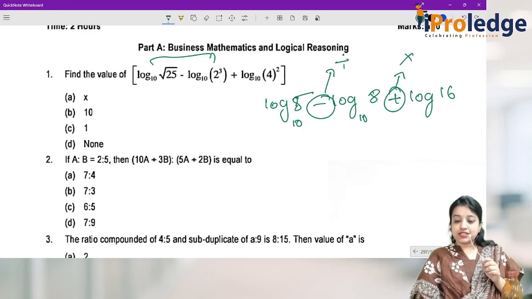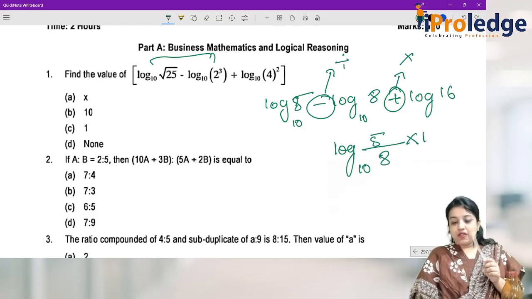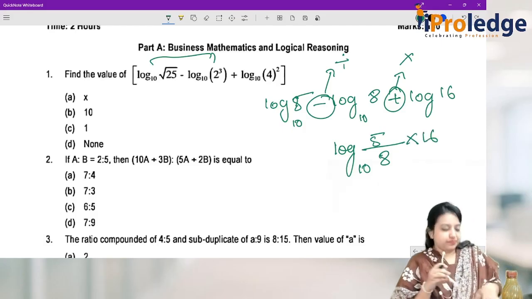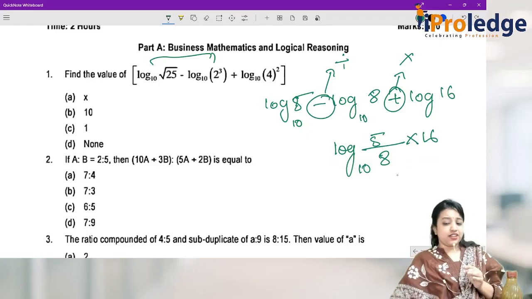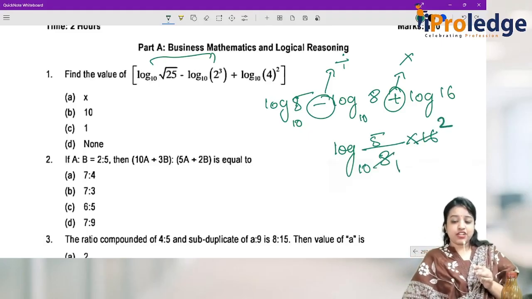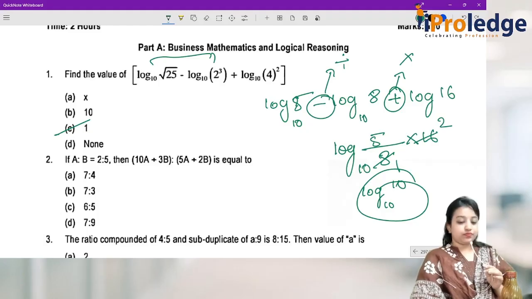When you have plus, you have to multiply. So this will become log base 10 again, 5 divided by 8 into 16. So 8 ones are 8, 8 twos are 16. So this is log 10 to the base 10, which is equal to 1.